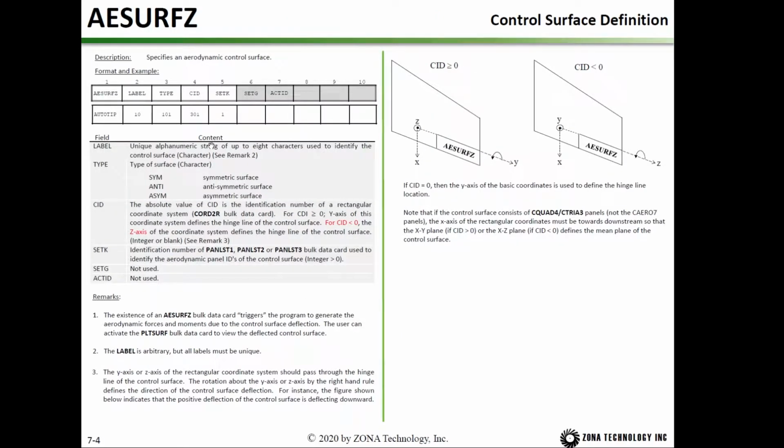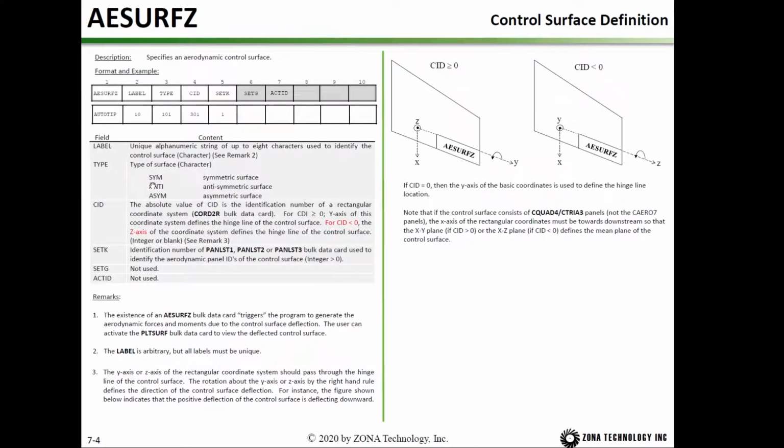The ASET2 card specifies the control surface definition. You give a name of the control surface, and for the half span model, you can specify type equal to SYM or ANTI.